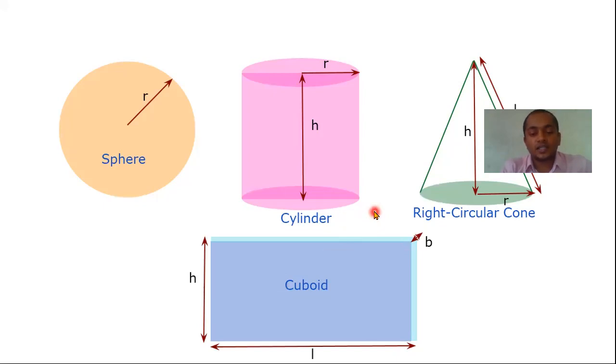They are asking you to find the surface area, because if they are asking how much material is required, of course the material will be required on the surface of the can, because the can is empty. It is not a solid figure, it is a hollow figure. So the material should be at the periphery of the shape, and by that we understand that we have to find the surface area.